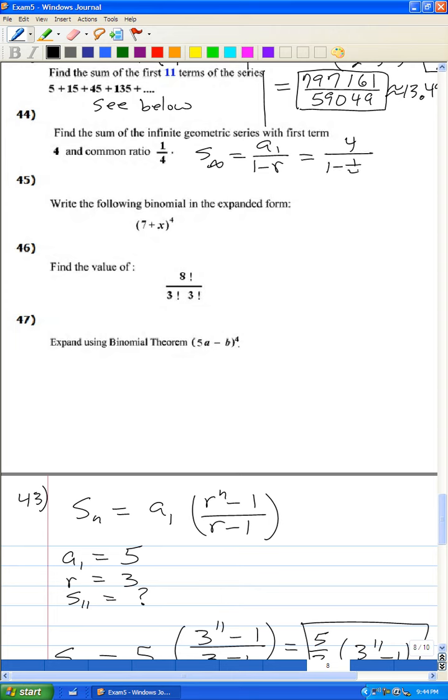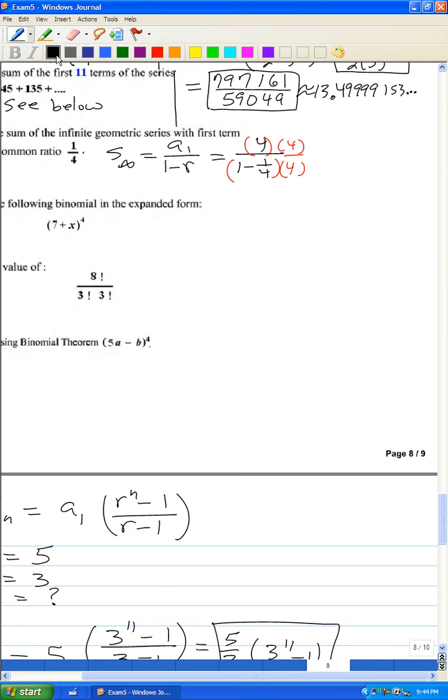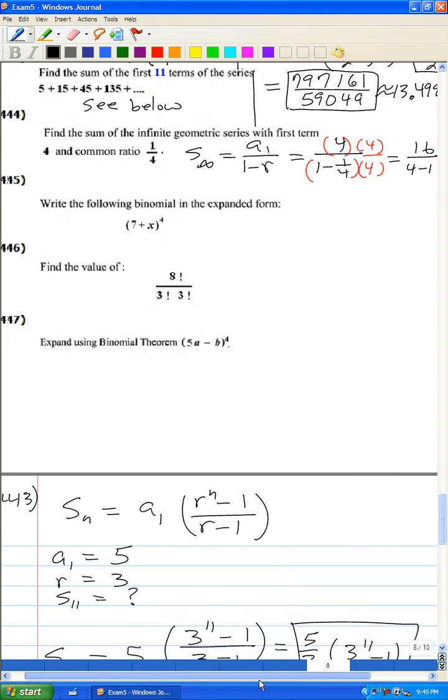Common ratio is 1/4. And so that's your answer. But I can simplify this. Let me multiply and divide by 4. And so this is equal to 16 over 4 minus 1, 3. And so if you add up everything, you get 16 over 3, this infinite series.